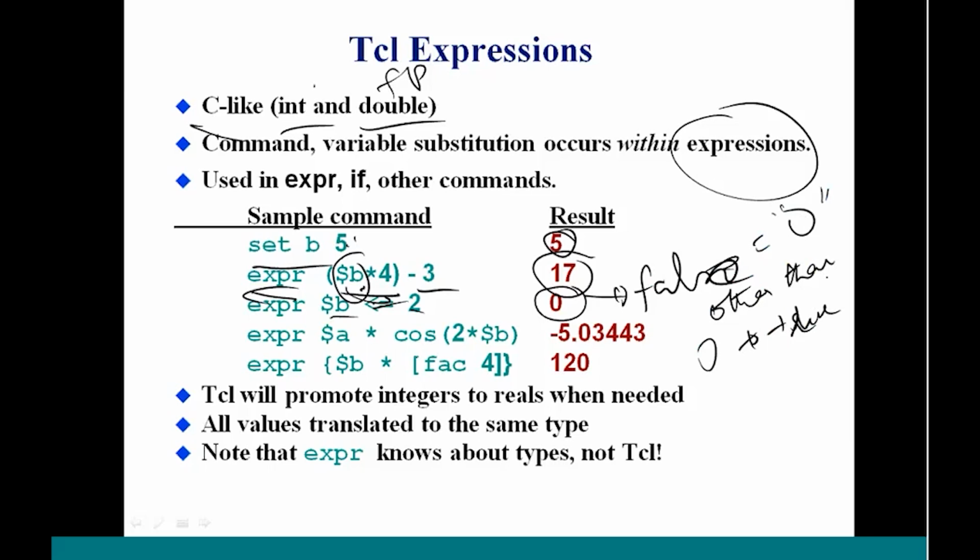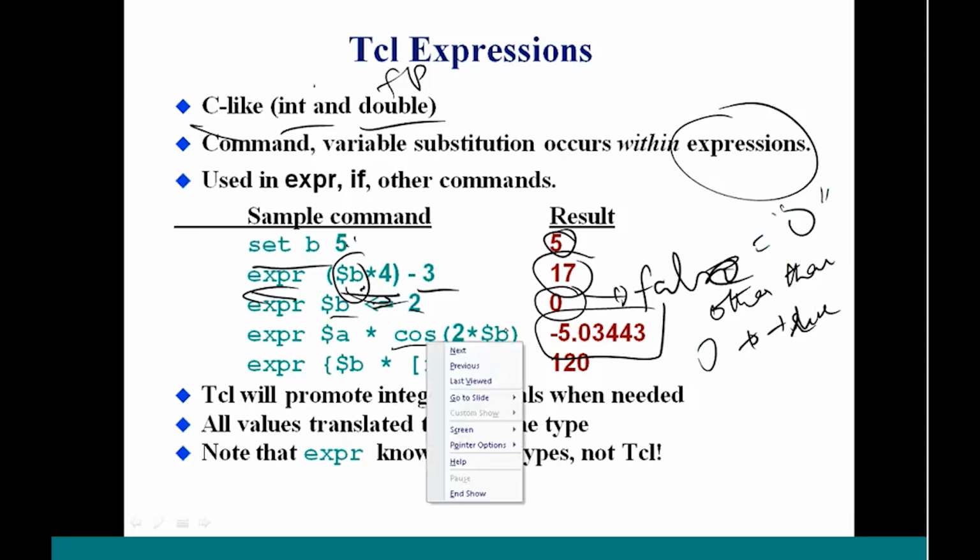Now here we also have a cost function, basically 2 times $b multiplied by a. Here you can see that the result is a floating point number. It automatically converts into a floating point number because one of the operands happens to be a floating point number, and usually it calculates as one data type until the type changes. When the type changes, it keeps the new type.